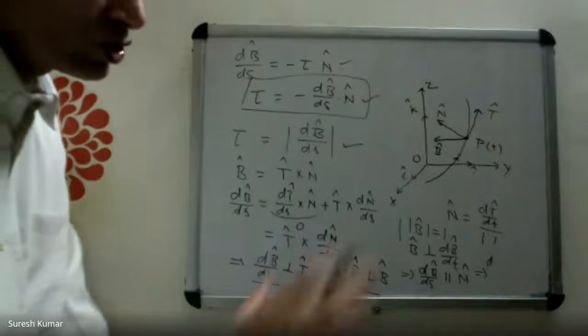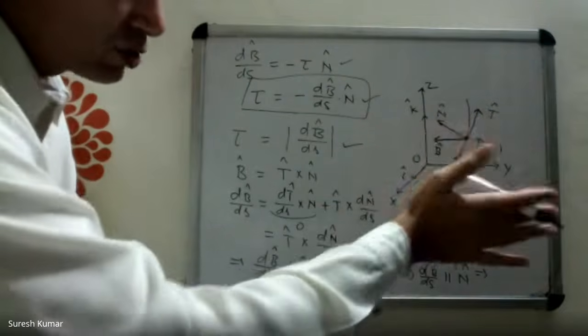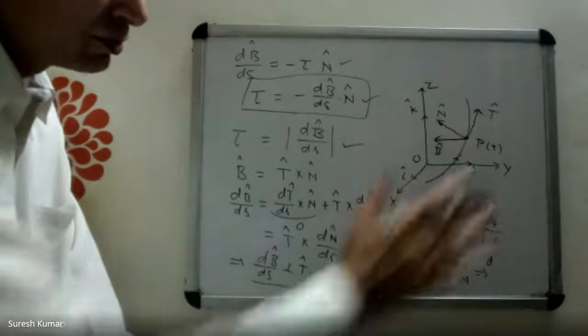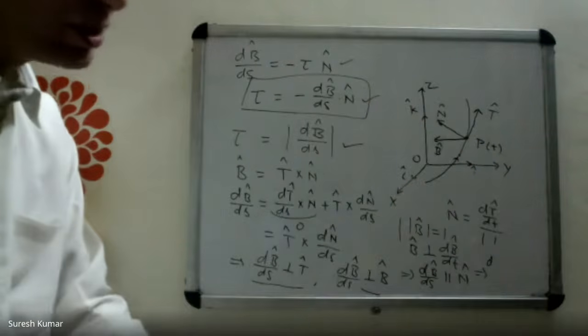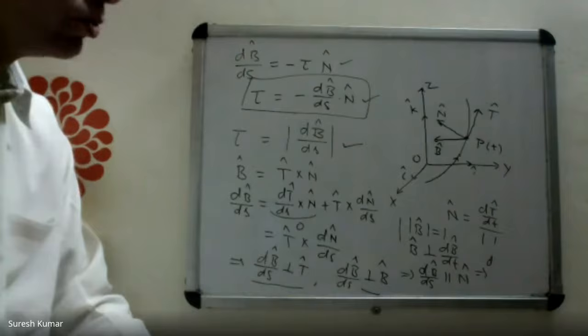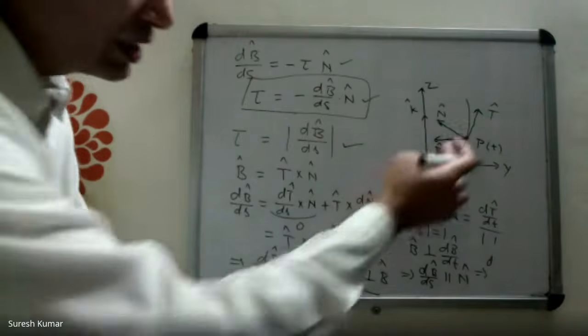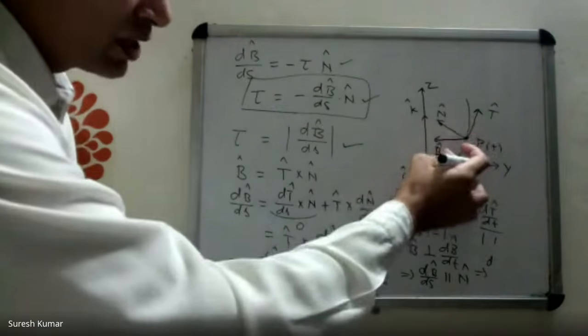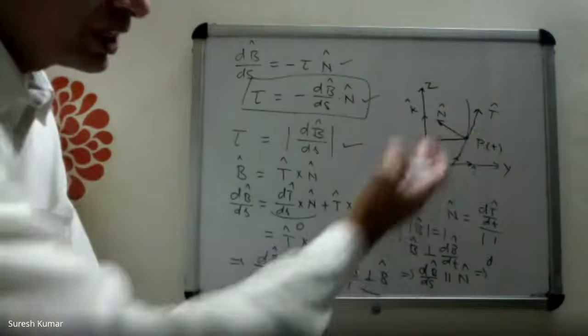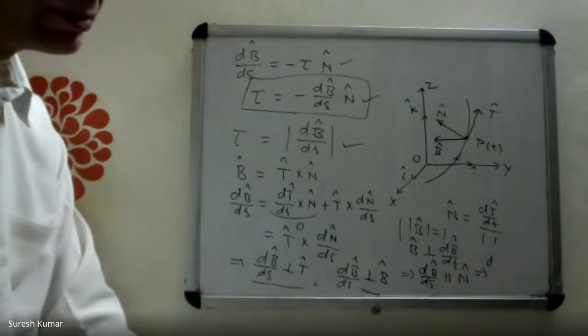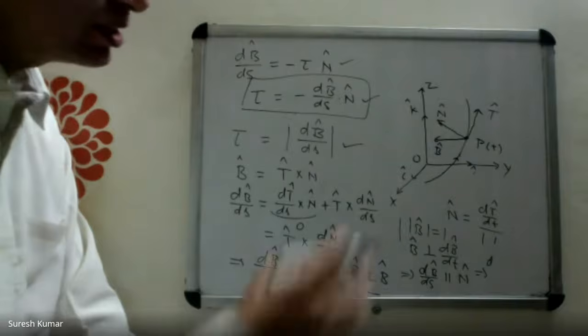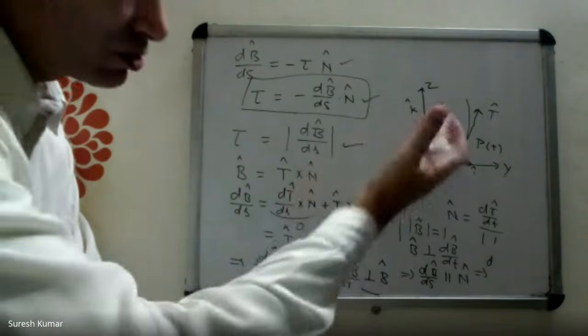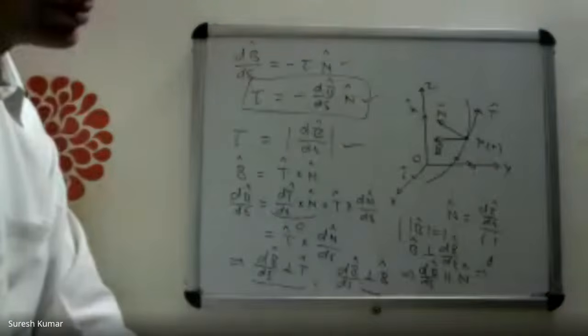You said that bending of the curve in the osculating plane, that was characterized by curvature. What does torsion characterize? You are saying that the rate of turning of B cap is normal to the osculating plane. It means it gives the rate of turning of the osculating plane, in fact.